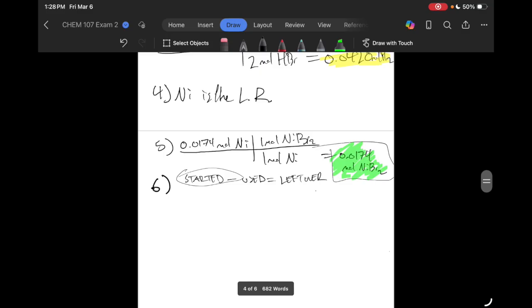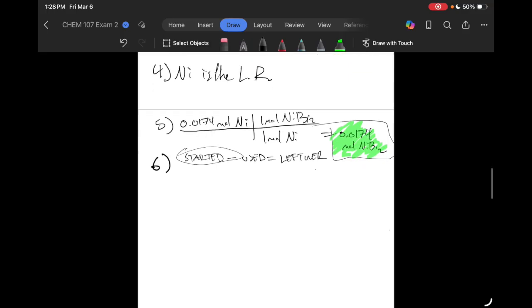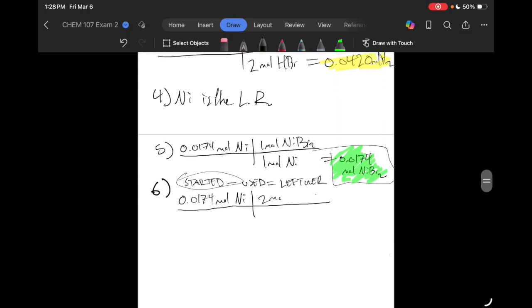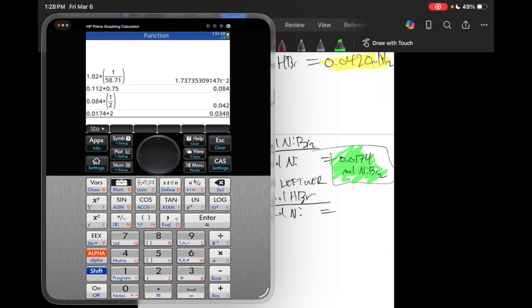Similar to steps 3, 4, and 5, we just use our molar ratio. So we started with 0.0174 moles of Ni. Using our molar ratio, we know that for every 2 moles of HBr, there's going to be 1 mole of Ni. So we have 0.0174 times 2 over 1, which is 0.0348 moles of HBr.